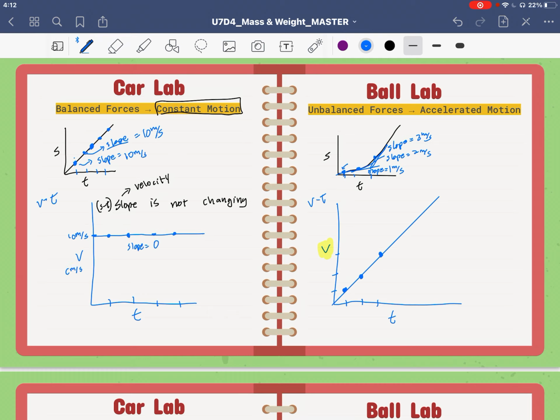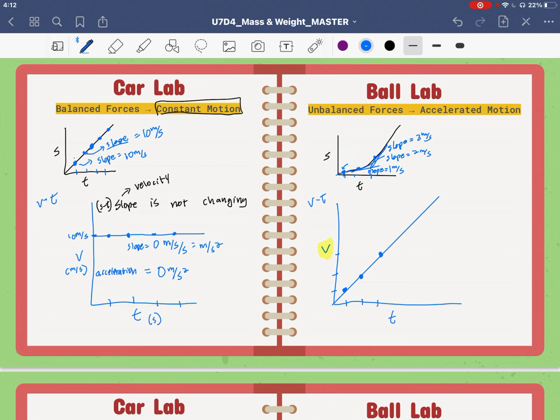My units, well, velocity is a unit meters per second, time is a unit seconds. So my slope unit would be meters per second, or meters per second squared. And so I'm seeing that I have 0 meters per second squared, and that is actually the acceleration.